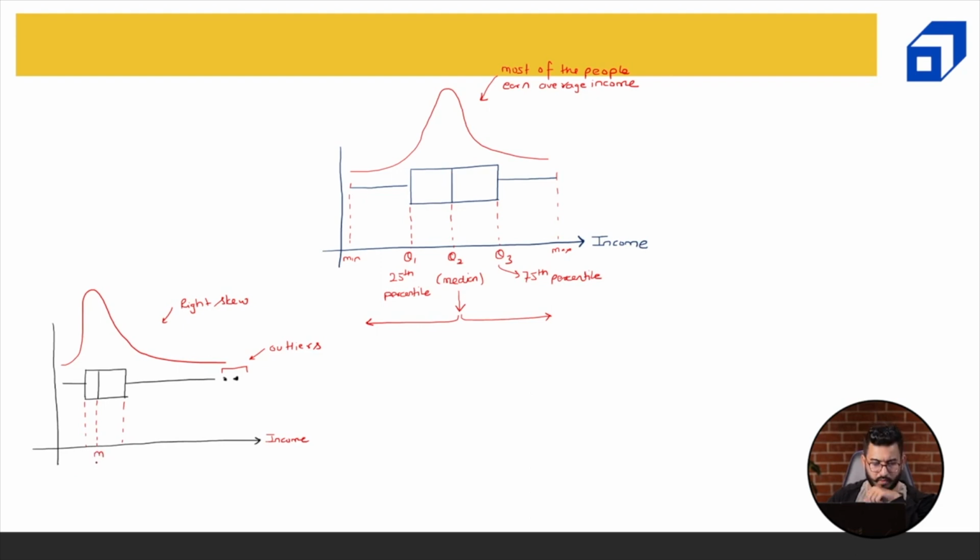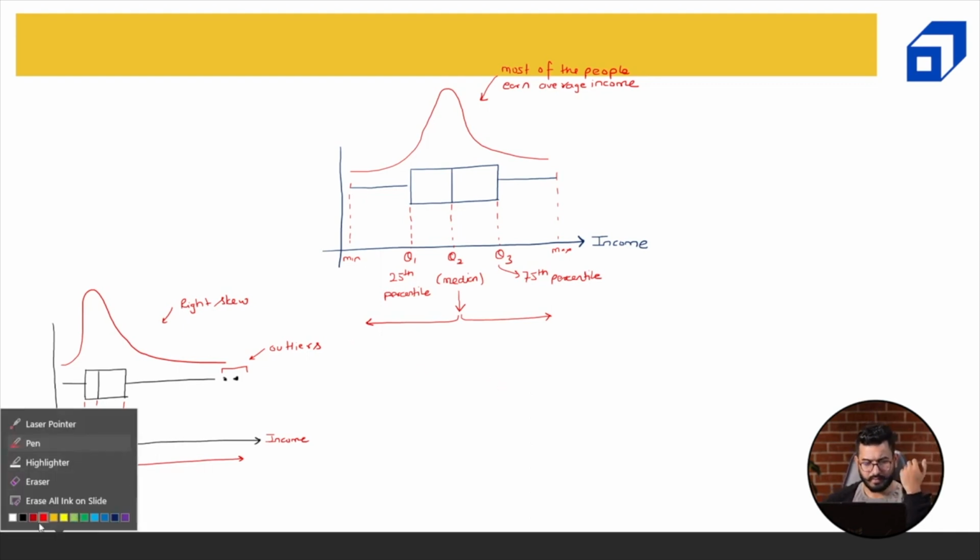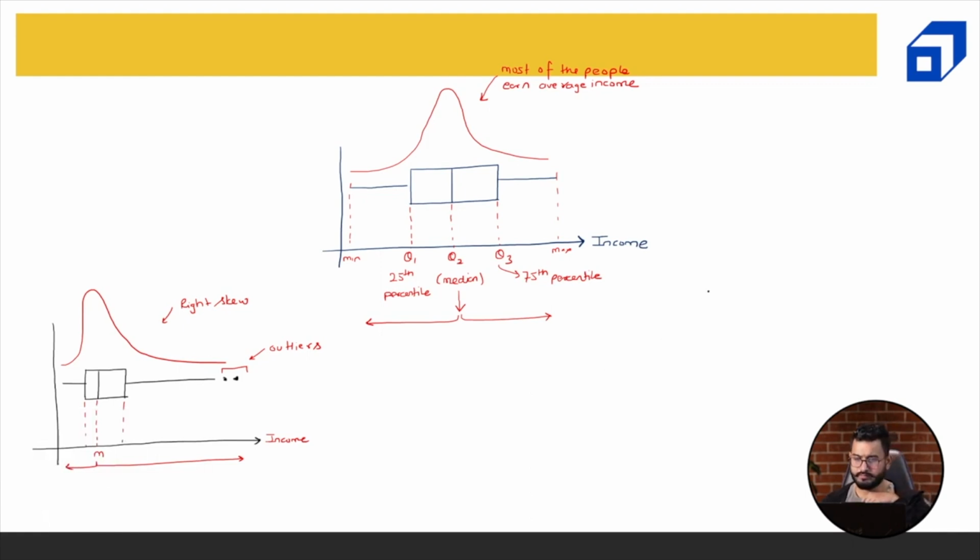And this is my median. So below this point I'm having 50% customers, and above this point I'm having 50% customers, but this box represents that most of the customers are on the lower side, where the box has been shifted towards the lower side of my x-axis. And similarly, I can have a box which is left skewed.